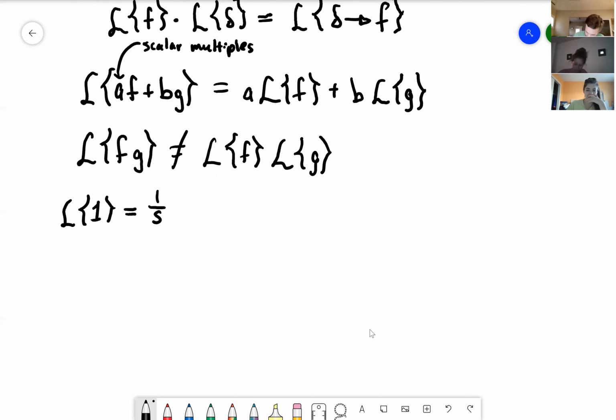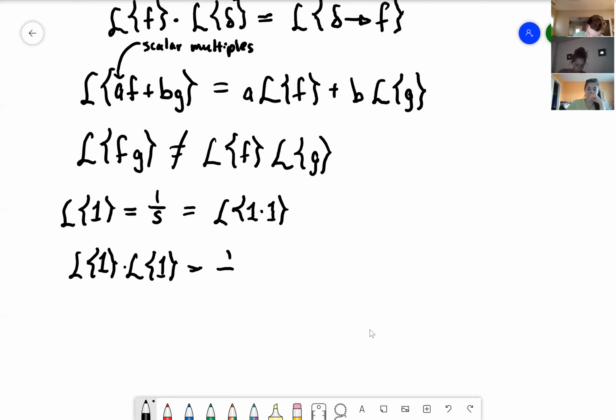So if we look at the Laplace transform of 1, well, that's equal to the Laplace transform of 1 times 1. And so if this multiplication were true, then we would have the Laplace transform of 1 times the Laplace transform of 1, which is 1 over s squared, which is not the Laplace transform of 1 times 1, but rather the Laplace transform of t, right?